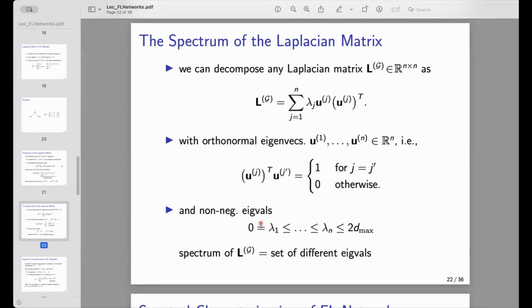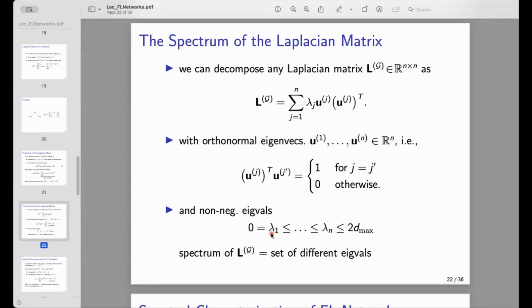And since the graph Laplacian is a positive semi-definite matrix, these eigenvalues are non-negative, so they are all larger or equal than 0. In particular, for the graph Laplacian matrix, we know exactly that the smallest eigenvalue is 0.